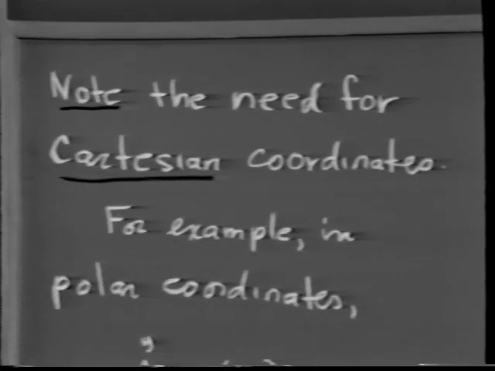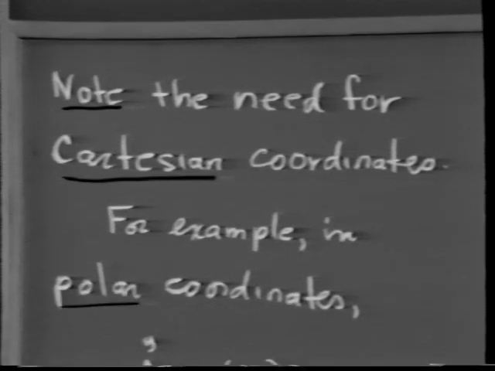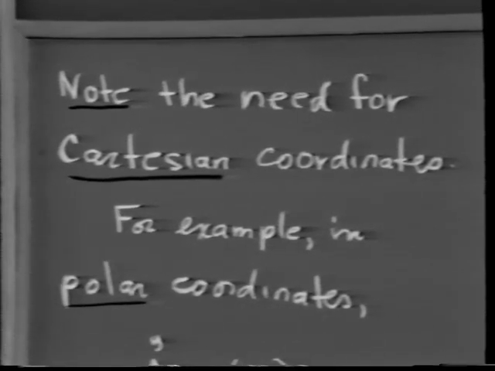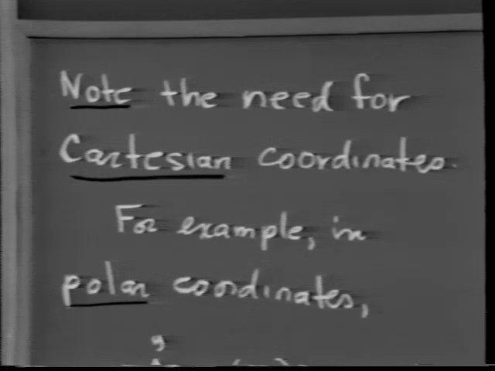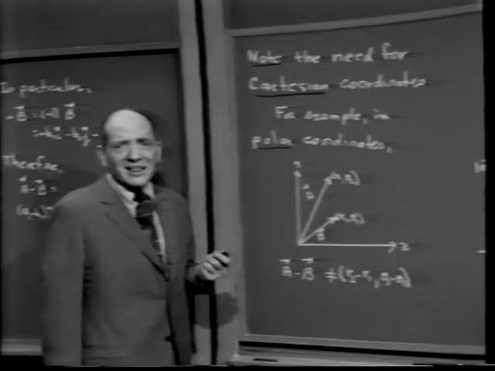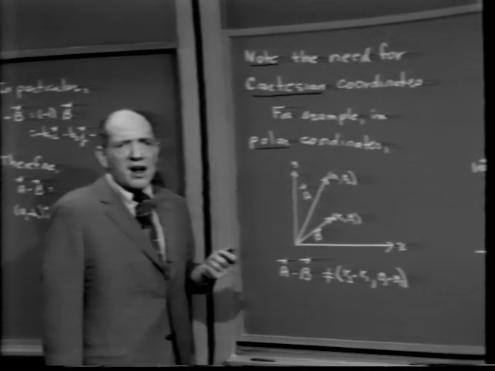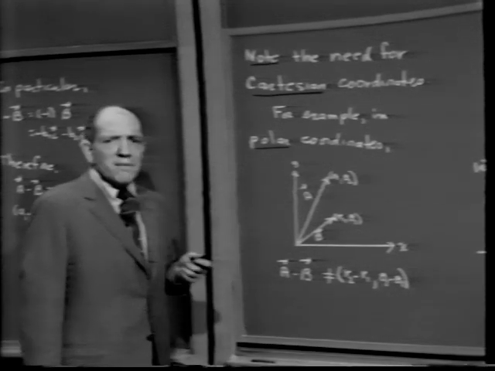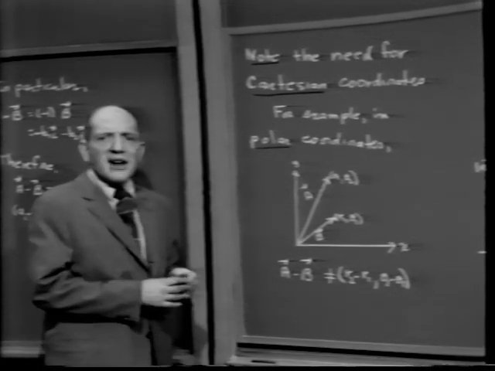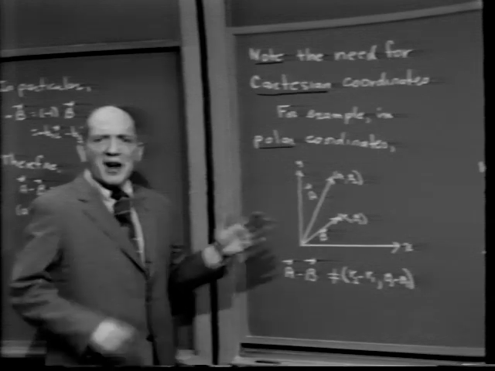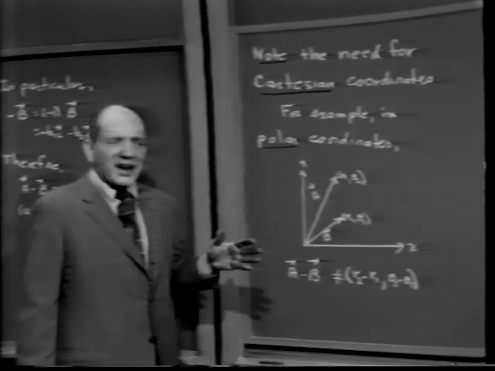Let me talk instead about something called polar coordinates. Now, later on, we're going to talk about polar coordinates in more detail. In fact, in very, very much more detail. But for the time being, let's view polar coordinates simply as a radar type thing, as a range and bearing type navigation.